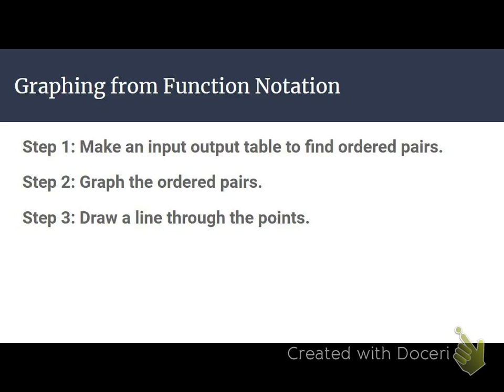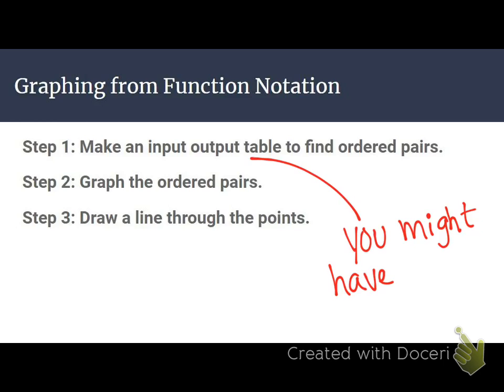It's important to know that when you make your input-output table, you might have to pick what you plug in for x. It might not be given to you. What do you think is easy to plug in for x most of the time? 1, 0, 2.